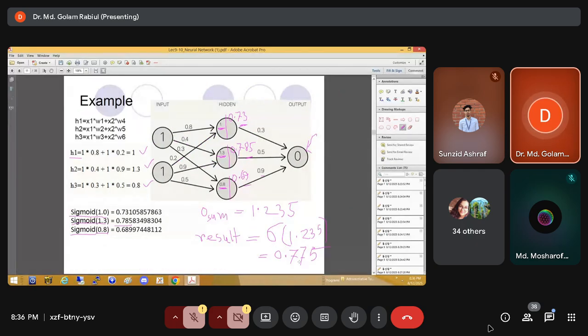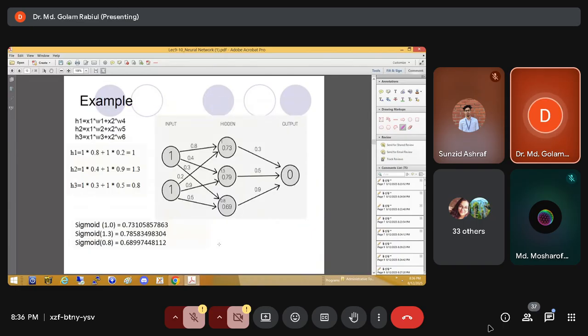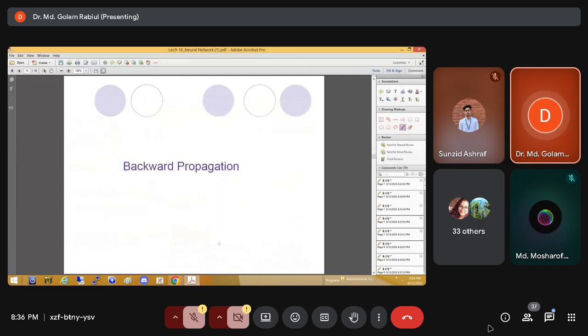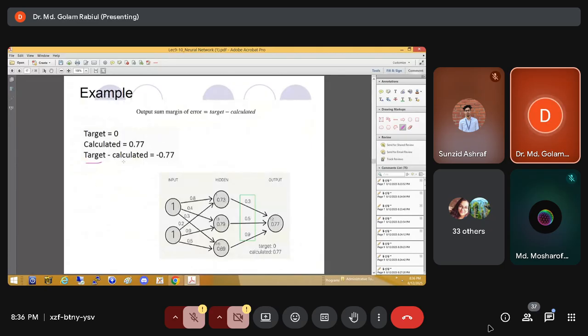That's why we have an error, and we will calculate it. The error will be target minus calculated, so 0 minus 0.77, which is negative 0.77.